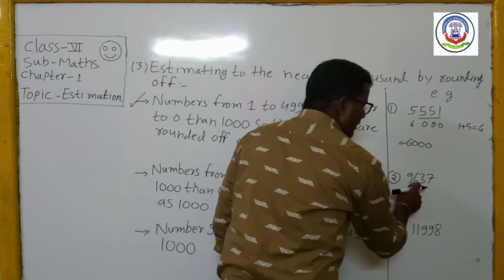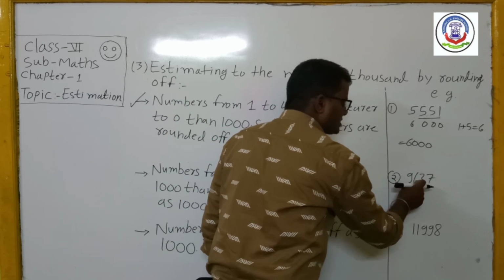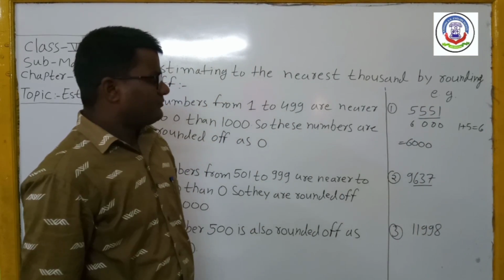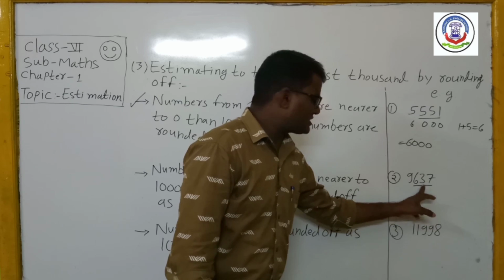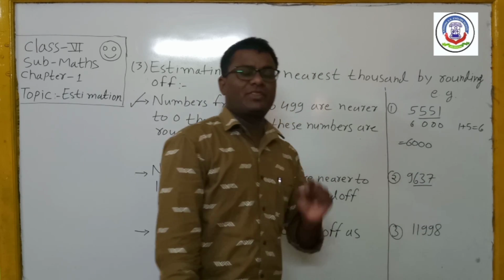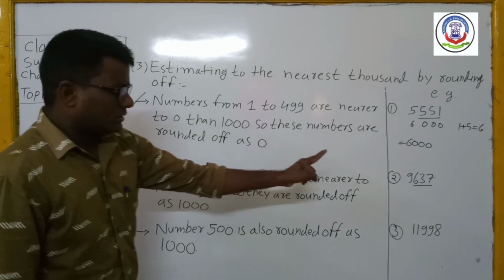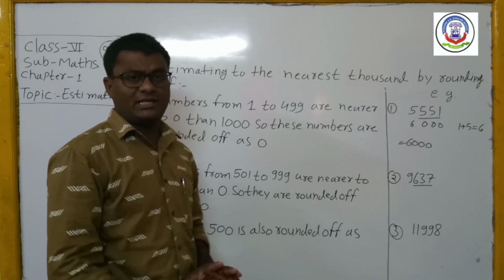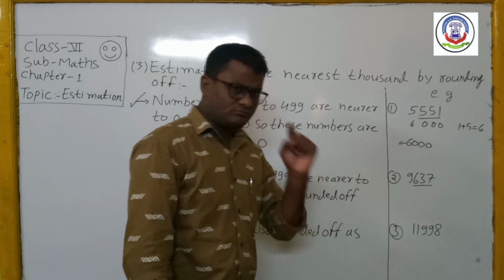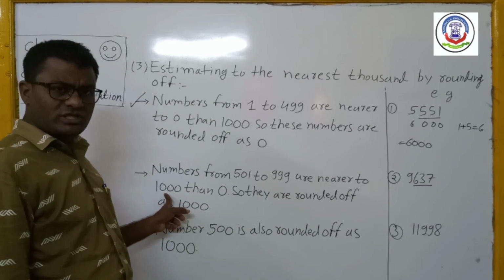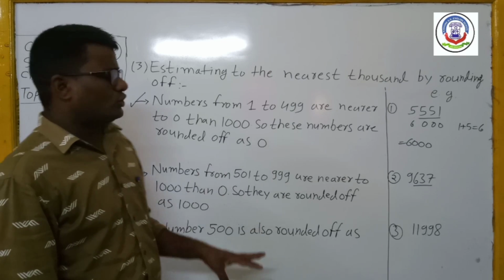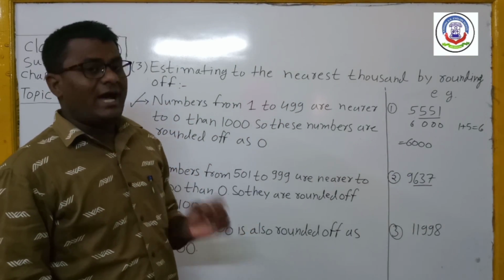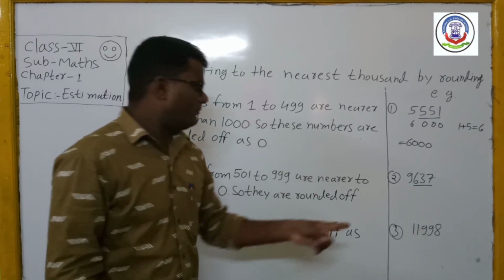Here we have given a number 9637. Now underline these 3 digits. Okay. Now the number formed is 637. Now you see, this number lies between 501 to 999. So this number is nearer to 1000 than 0. So these all digits will be 0 and 1 is added to 9.